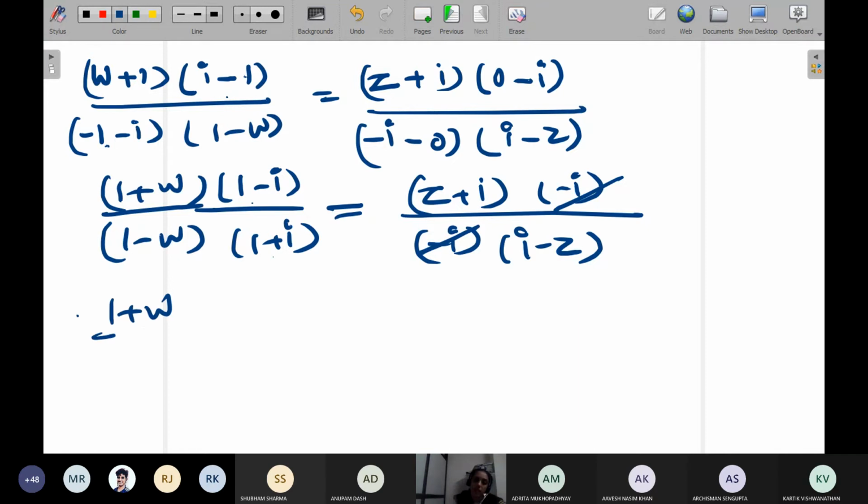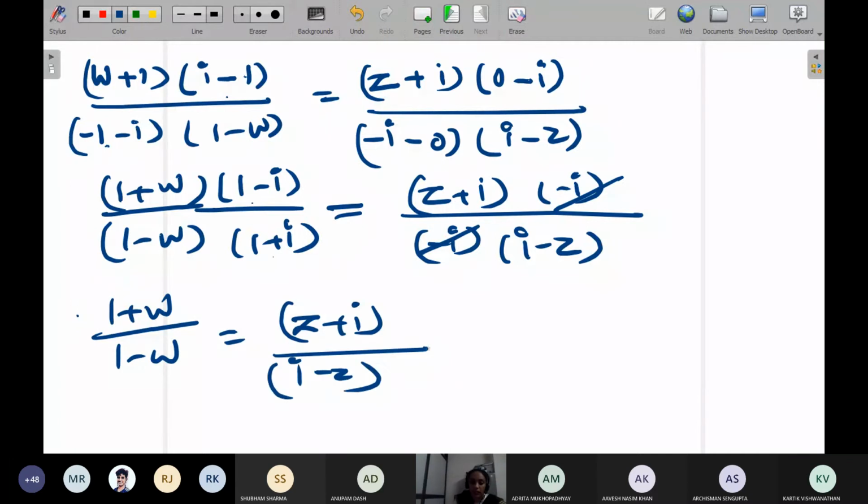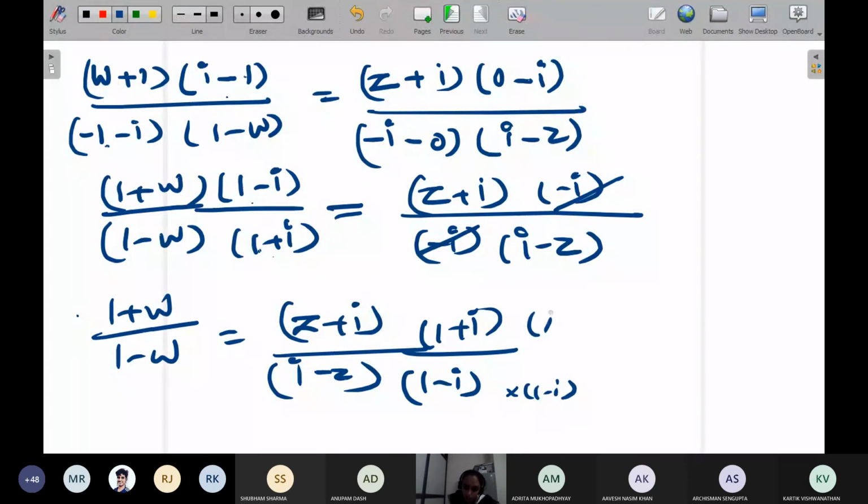So I'll get 1 plus W by 1 minus W is equal to Z plus I divided by I minus Z, into, cross multiply this, 1 plus I divided by 1 minus I. What I'll do is I'll multiply and divide by the conjugate, 1 plus I. Now what will happen?